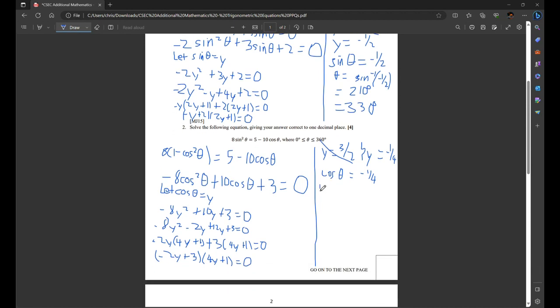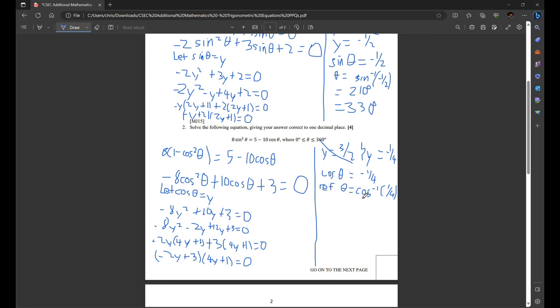What I'm going to do is I'm going to write ref, which stands for reference, because I'm going to say the reference angle, which is just ref theta, is equal to cos inverse of a positive quarter. So I'm just doing this for the sake of not getting confused.